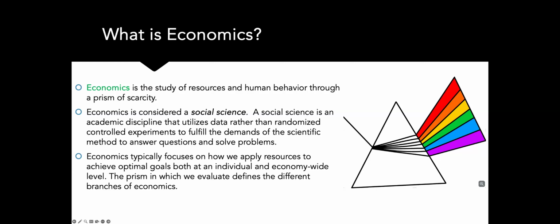Well, if you take a natural science like chemistry or biology or physics, you may be able to create what we call a randomized controlled experiment where you can isolate every single little detail or make it the same. So you have a control and then you have your variable, and you can identify the specific relationship between two things because you kept everything else the same.